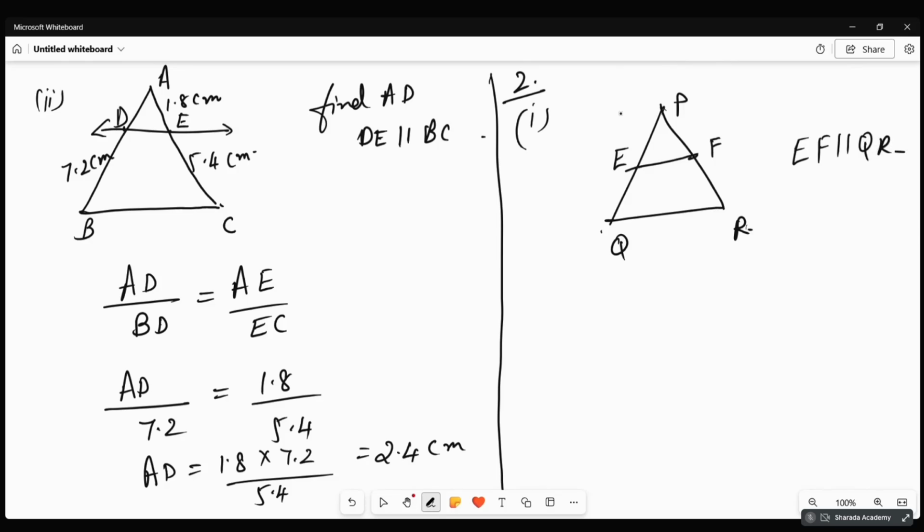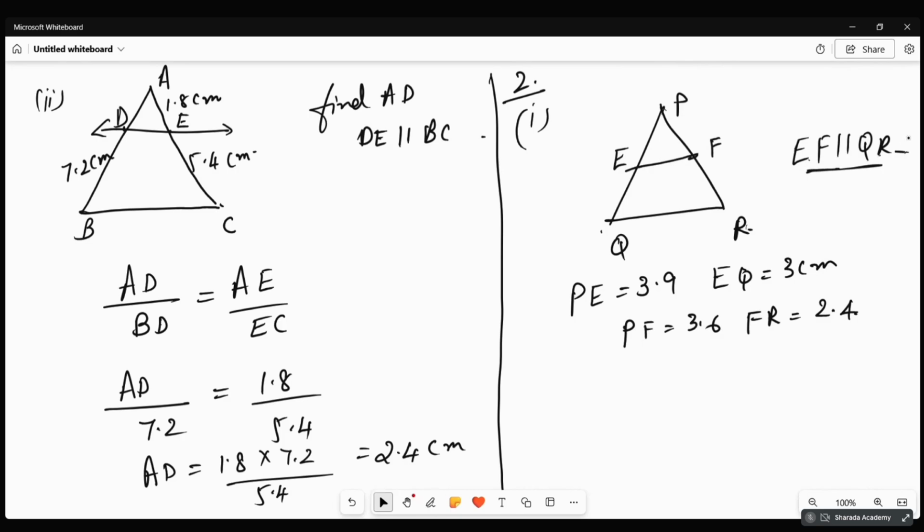Now PE, first one, PE it is given 3.9, EQ it is 3 centimeter, PF it is 3.6, and FR 2.4. And now state whether EF is parallel to QR. That means you have to verify whether it is parallel or not.